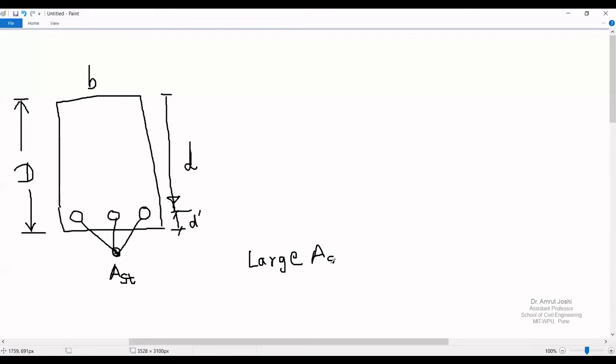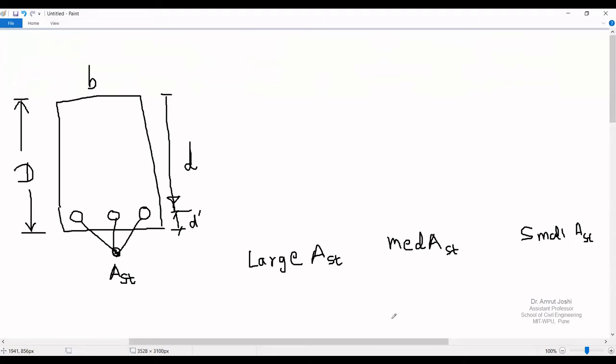Case number two, where you are providing medium area of steel. And case number three, where you are providing very small area of steel. Mind you, these words large, medium and small are qualitative in nature, but what we mean by these words will be clear in a while.